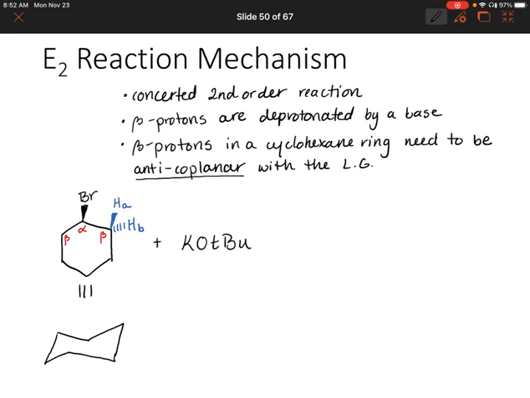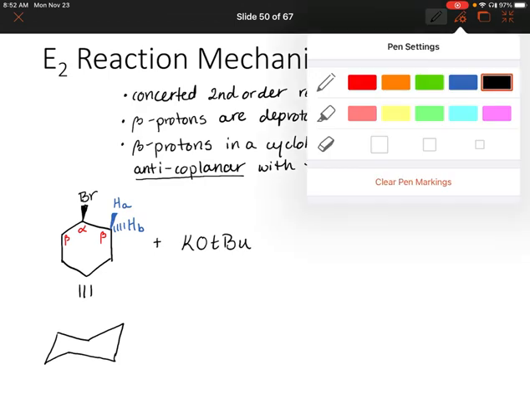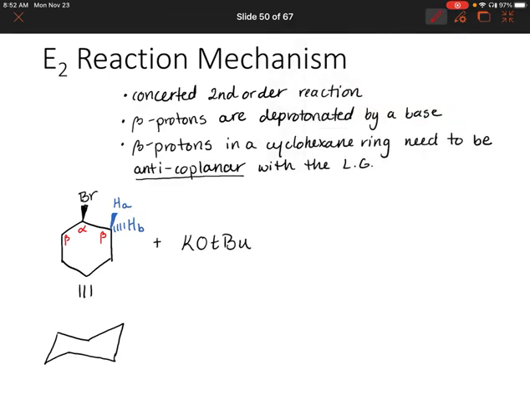Okay, so let's label arbitrarily this upper right carbon as the alpha carbon. And then we'll label the bottom right carbon the beta carbon. And then we have another beta carbon up above as well. But we'll focus on the alpha carbon and the beta carbon to the lower right.